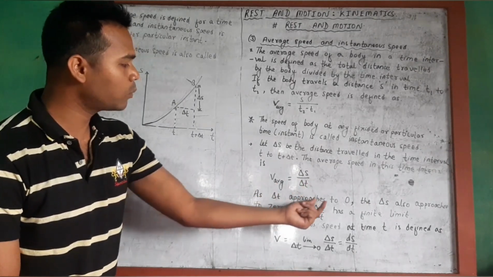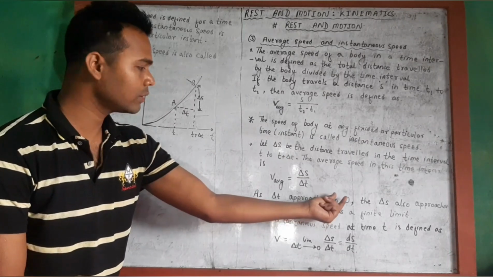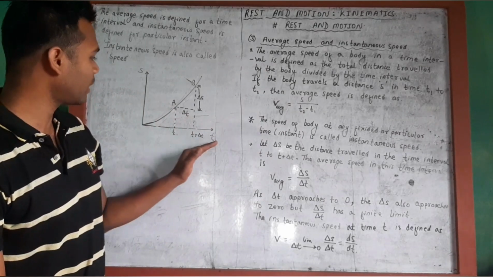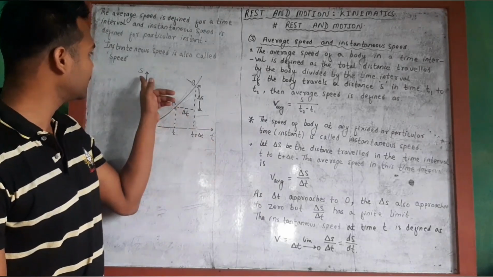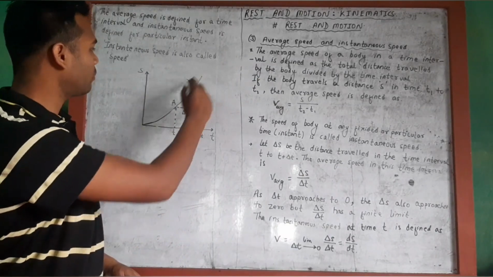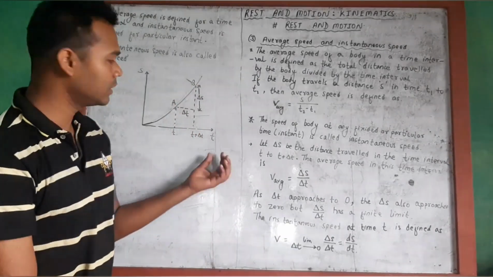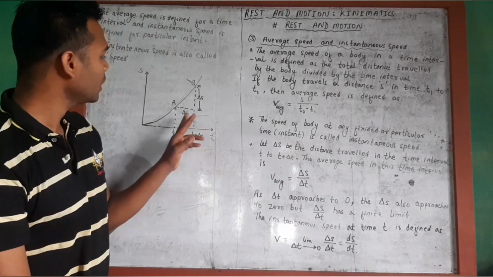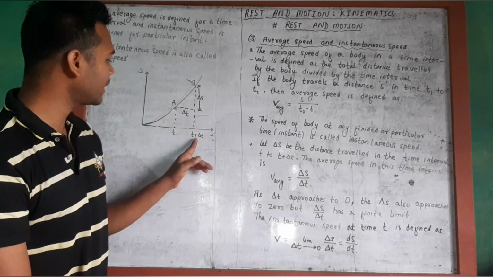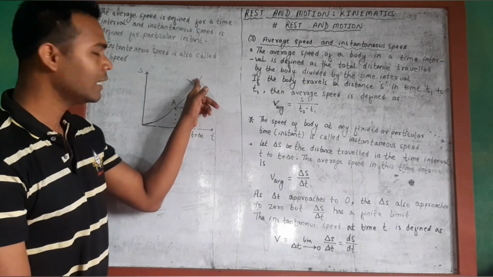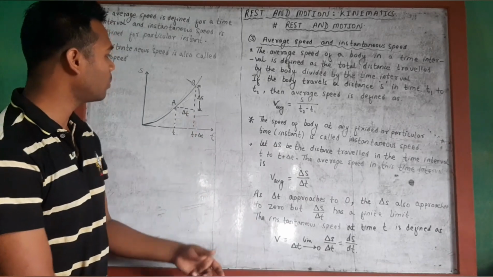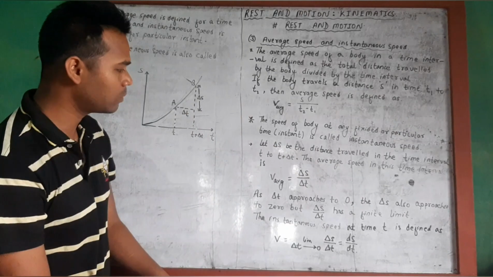As del t approaches 0, here I have drawn one graph, distance versus time, and let this curve be the function of distance and time. Here at time t the body is at A, and at time t plus del t the body is at B. That means in del t time interval the body covers del s displacement.